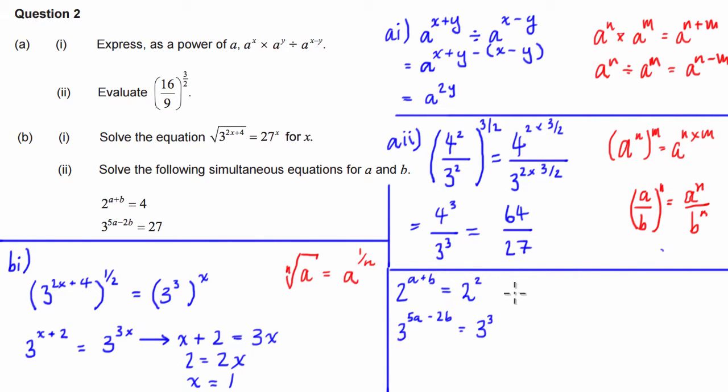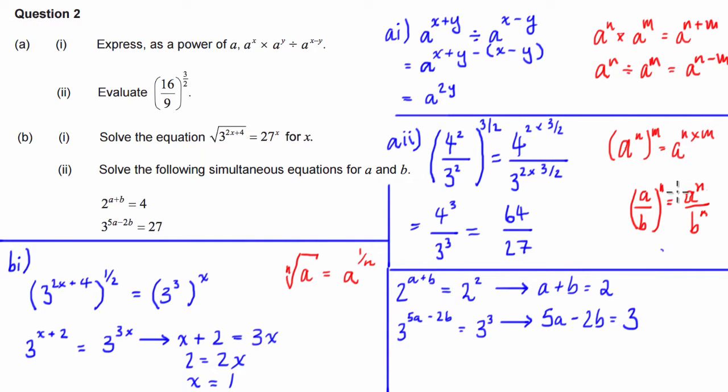So for this problem I can have a plus b equals 2, and I can have 5a minus 2b is equal to 3.